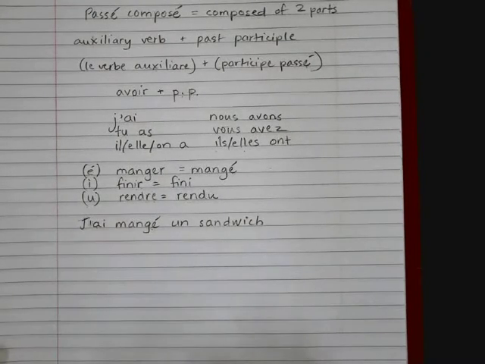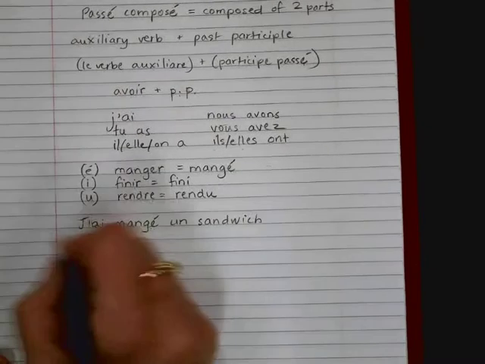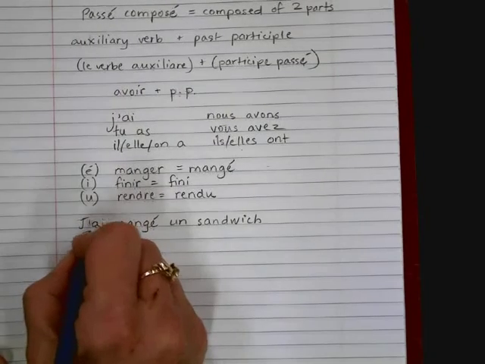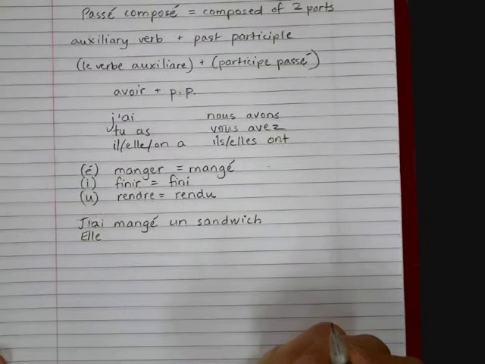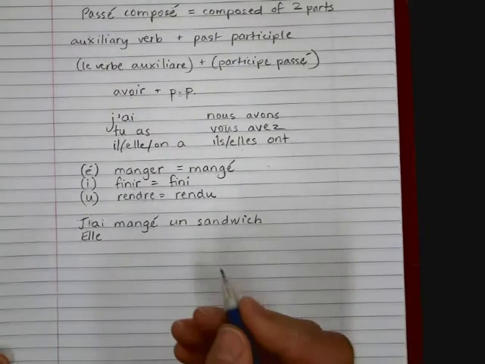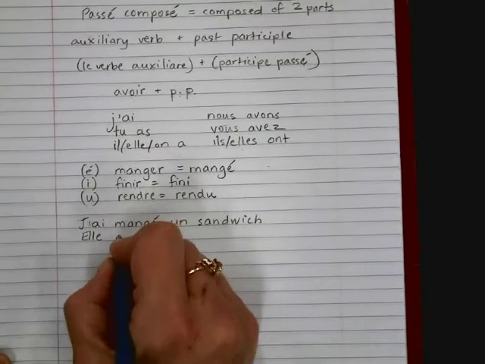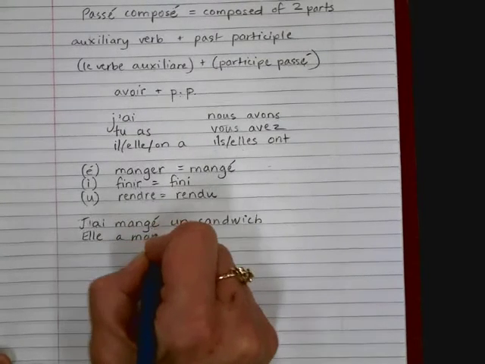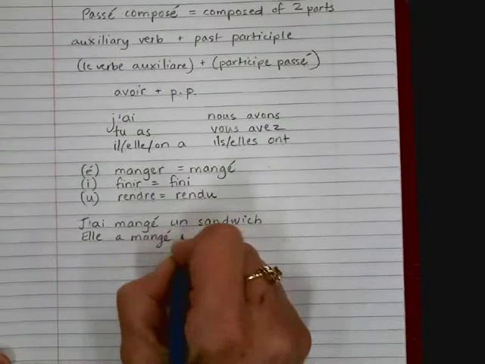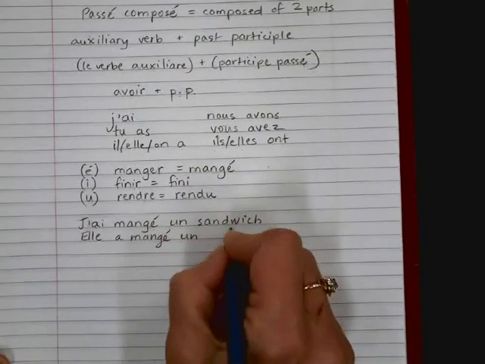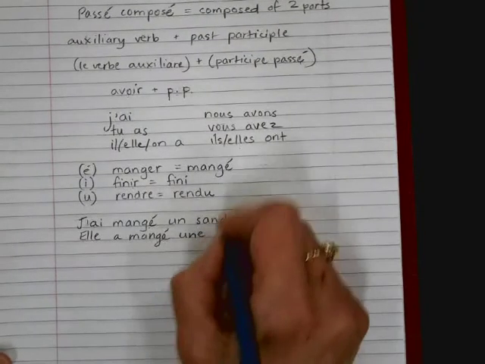So what if I wanted to say that Jackie ate a sandwich? We'll use L. Oui, Christina. Elle a mangé. That's boring for her to eat the same thing I ate, so let's have her eat une pizza.